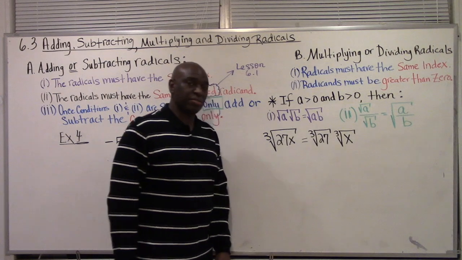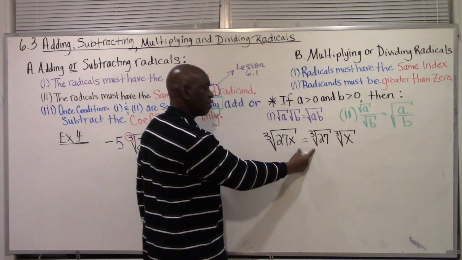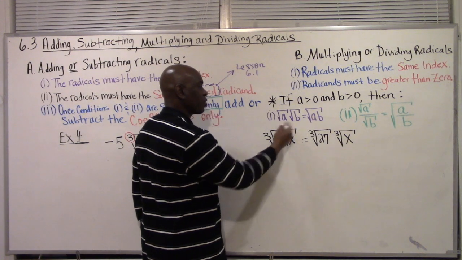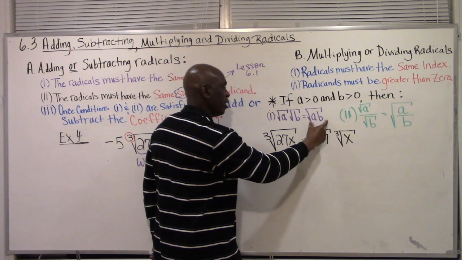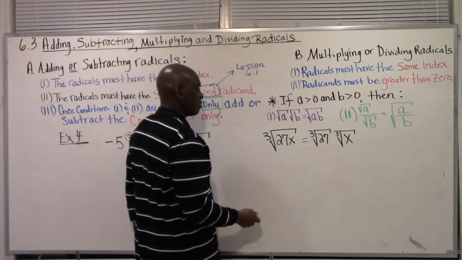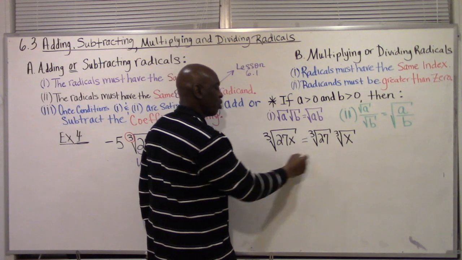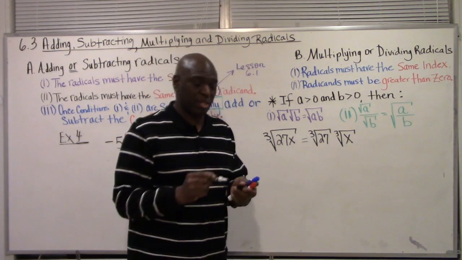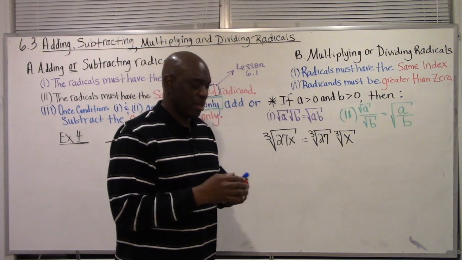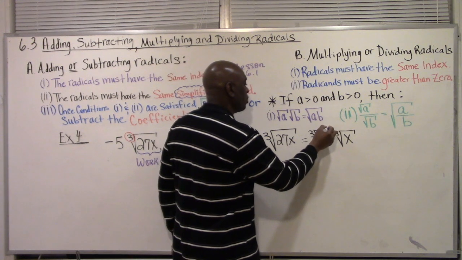You see that? Because the rule says you can do that. This rule in purple says you can do it. You can go this way to here, or from here back the other way. So 27 has its own cube root house, x has its own cube root house, and so we're good. So again, we have to go back now to section 6.1 because we had a problem like this. What is the cube root of 27?